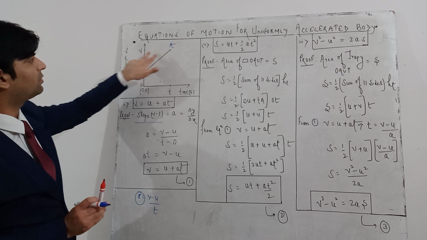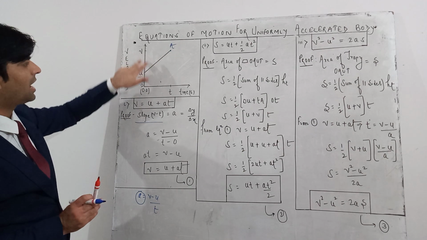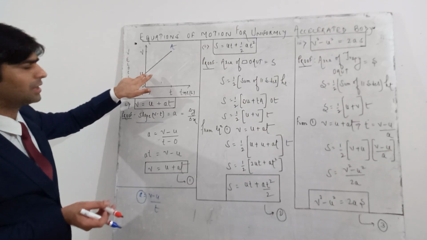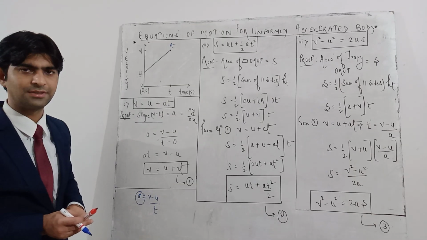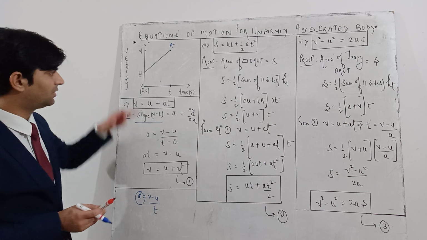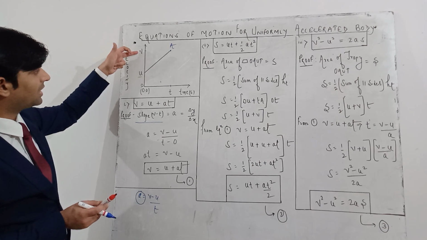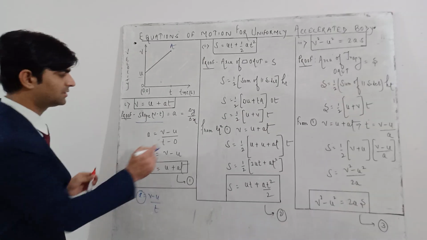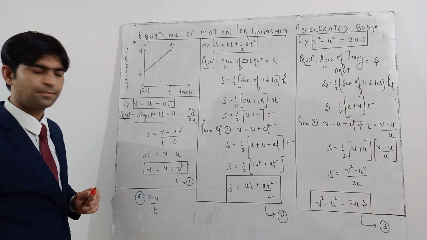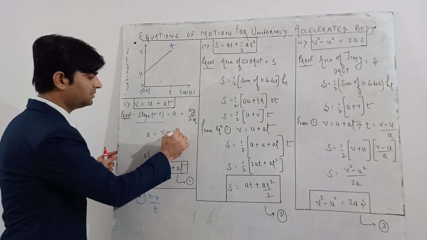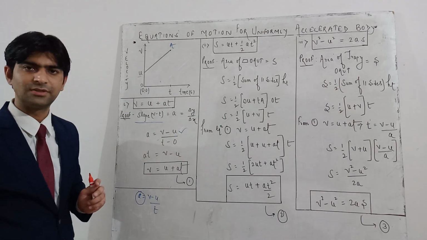Corresponding to point A, what is written here? V, and corresponding to U, it is U only. So V minus U is the change in y-axis. The velocity is changing from U to V, so final minus initial. This is the change in y-axis, V minus U.